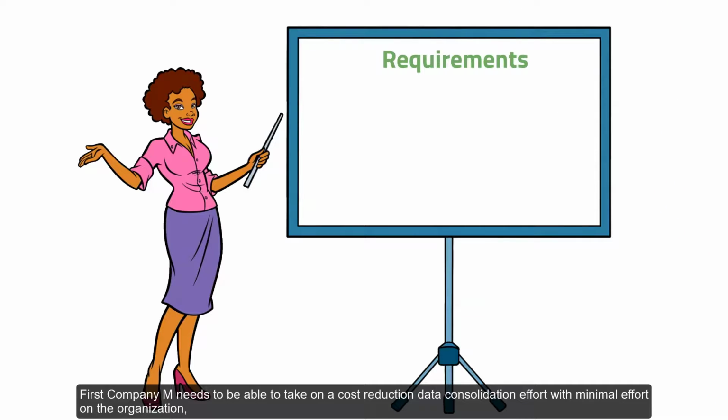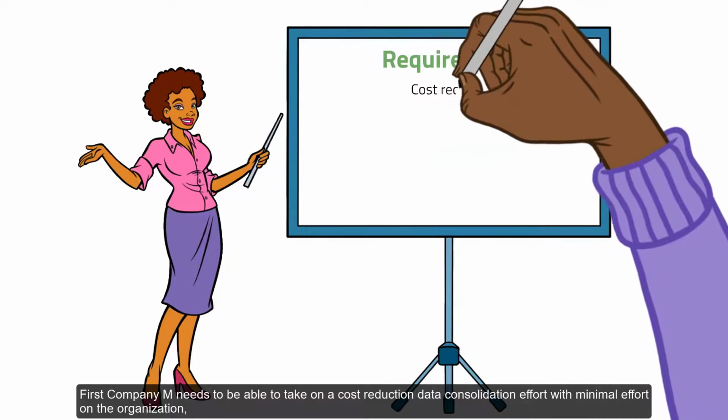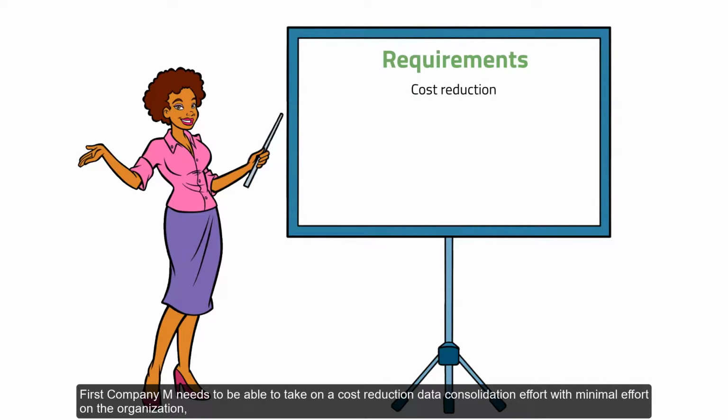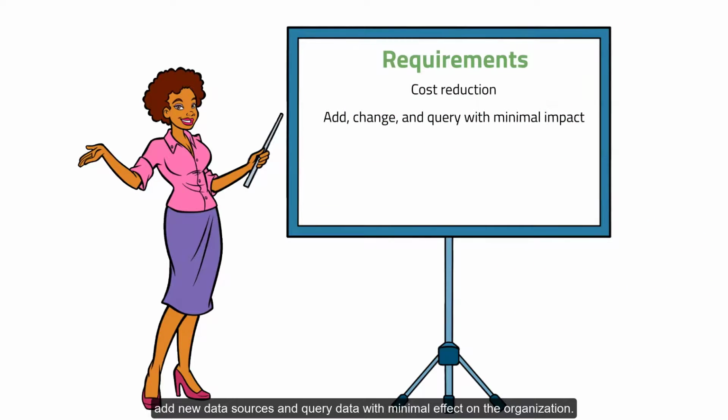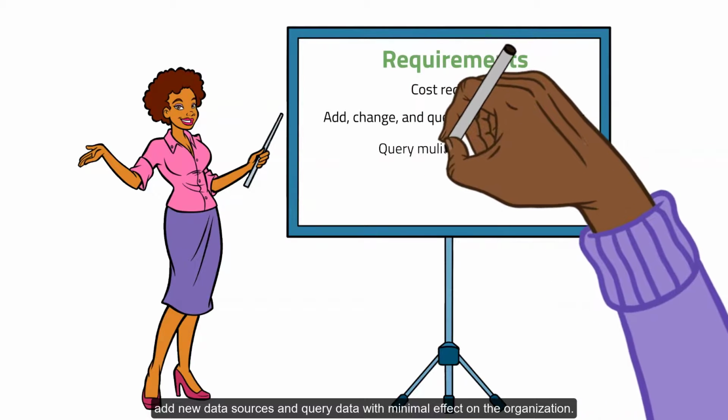First, Company M needs to be able to take on a cost reduction data consolidation effort with minimal effort on the organization. Add new data sources and query data with minimal effect on the organization.